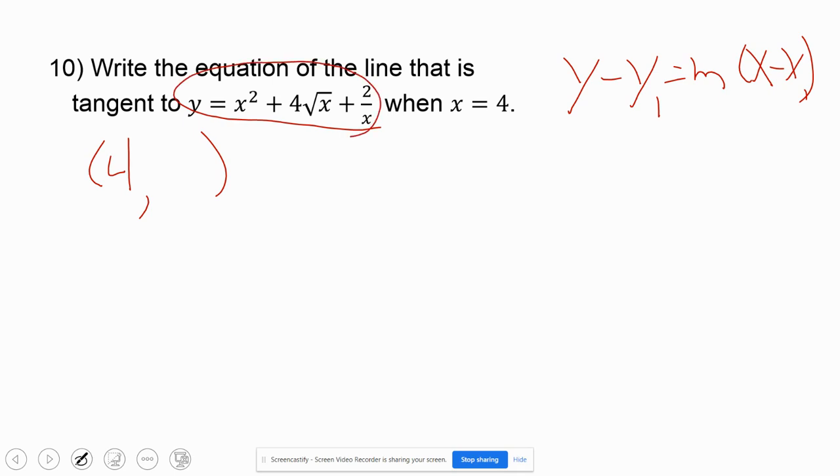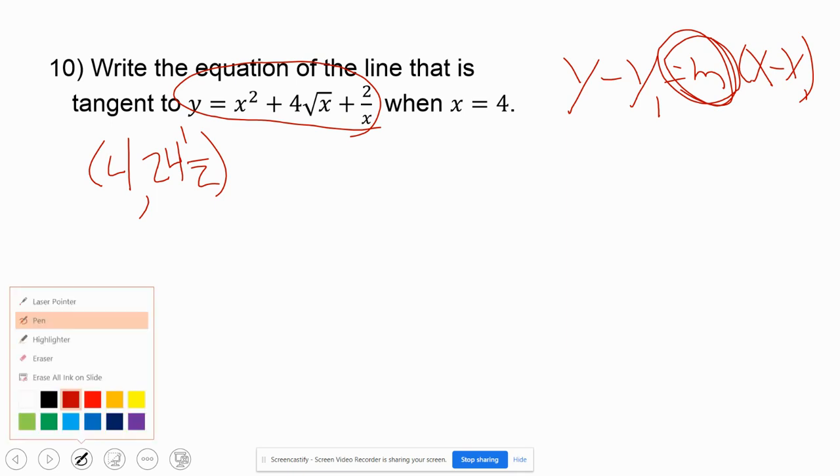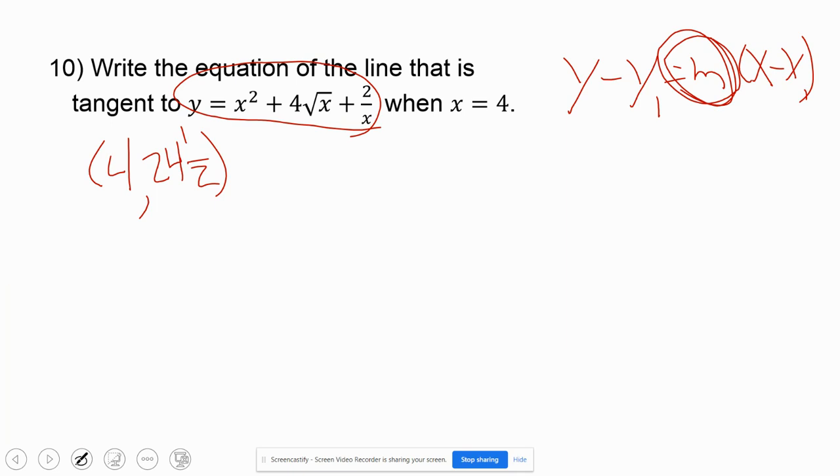So I would take my x equals 4 and plug it into the original equation. If you do that, you should get 24 1/2 back. Then I need to find the slope. So for that, I need my derivative.